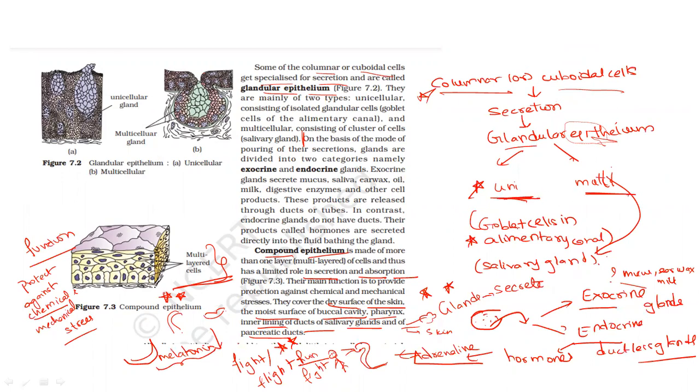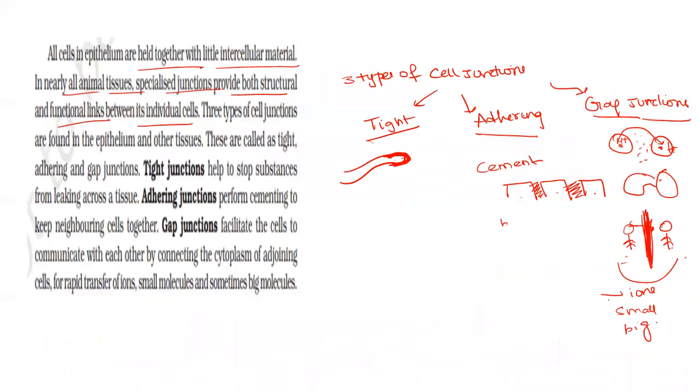Unicellular glandular epithelium can be seen in goblet cells of the alimentary canal, whereas multicellular glandular epithelium can be seen in the salivary glands. Based on how the glands secrete, they are divided into exocrine glands and endocrine glands. And we have three types of cell junctions: tight, adhering, and gap junctions.